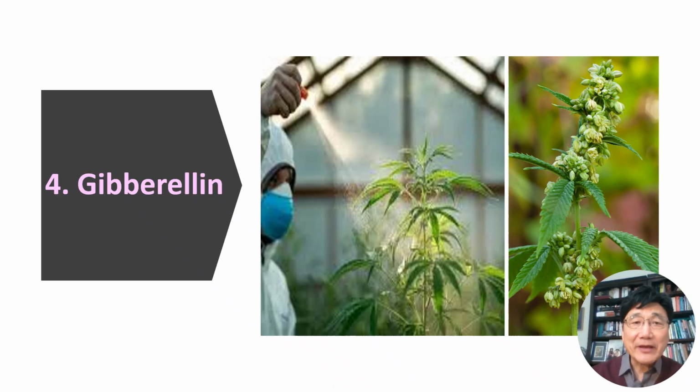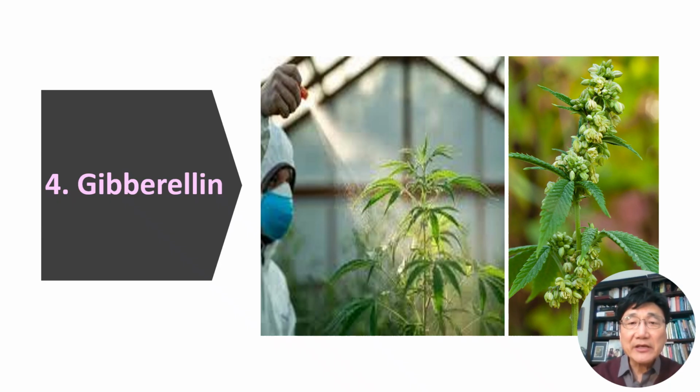Lastly, gibberellin, I'd like to mention that. Gibberellin is a hormone that has many functions, but it has a unique function in cannabis. As you can see in this slide, spraying gibberellin on the leaves induces male flower formation in female plants.